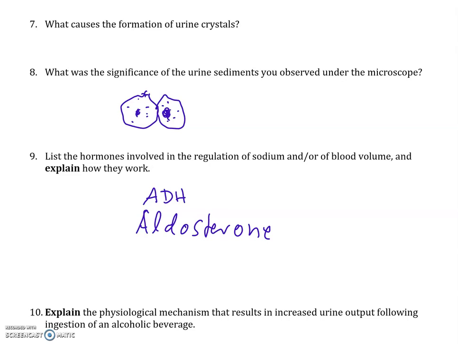So these 2 are very, very powerful reabsorption mechanisms. ADH, water reabsorption, so H2O, reabsorb. Oops, I hope we can read this. And aldosterone, salt. Let's put in salt, reabsorb. And again, please listen to the lecture on the renal physiology.